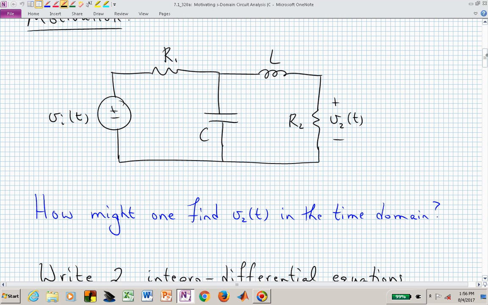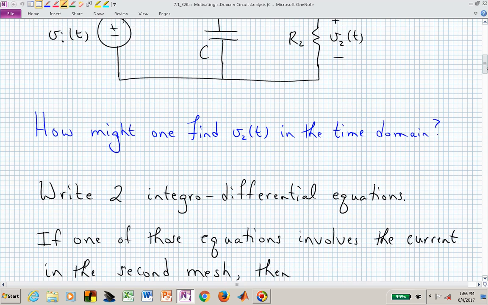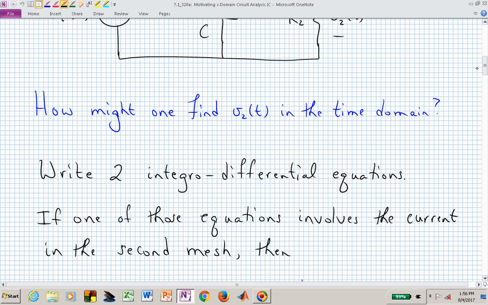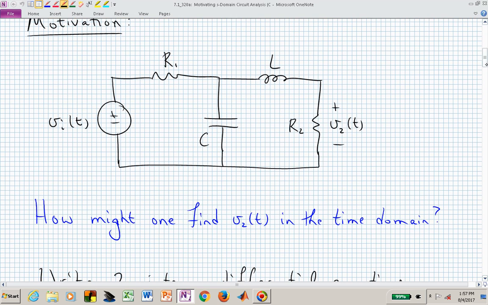In the last chapter we found those equations in the time domain, and then we put those into the frequency domain by Laplace transforming those differential equations. What we want to do now is avoid that initial step of writing the equations in the time domain. We want to immediately convert a circuit like this into an S-domain equivalent circuit and analyze that in the frequency domain directly, bypassing the requirement to write differential equations.